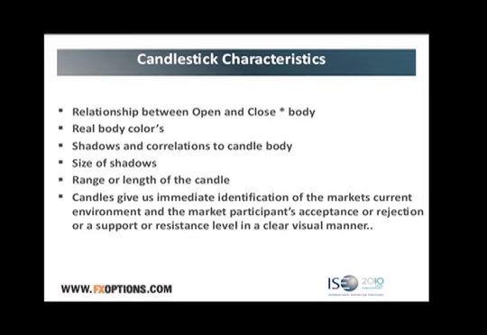So identifying the location and the condition of what preceded these candles, that's also what's important. We need to uncover and understand as traders what this relationship between open and close of the real body really means, understand why the real body's color is important, and also the shadows and the correlations to the overall candle's body.